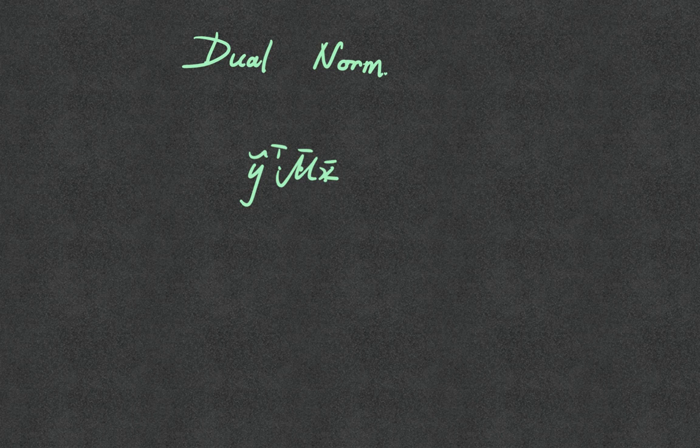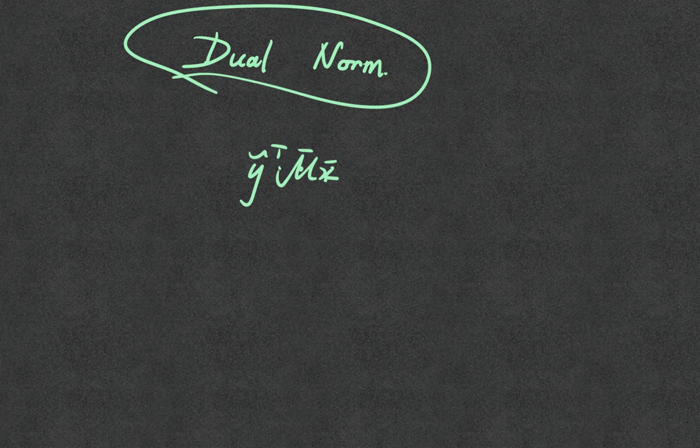You see what I mean? That will require more discussion, but I will talk about that. So we need to understand the dual norm, and from the dual norm we can derive the inf-sup conditions.